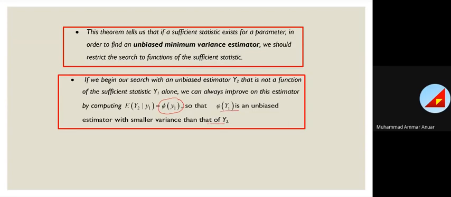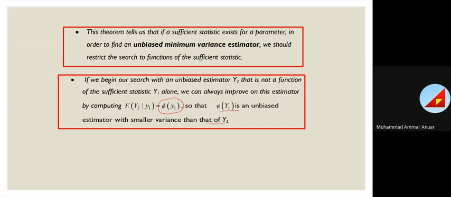Let's say we start with Y2. Y2 is not a function of the sufficient statistic Y1 alone, but Y2 is an unbiased estimator, meaning the expected value of Y2 is equal to theta.